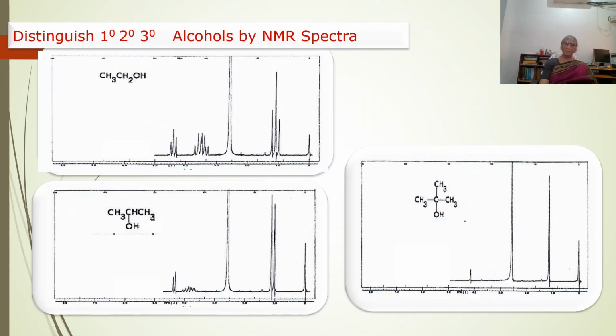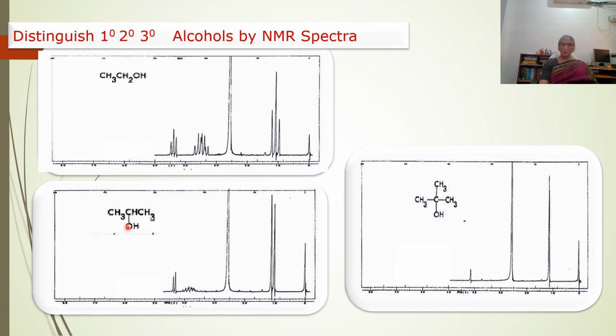We can differentiate between primary alcohol, secondary alcohol, and tertiary alcohol from their NMR spectrum, provided that the NMR spectrum is recorded from a very, very pure sample. In a primary alcohol, the number of neighboring protons will be 2 because the hydroxyl group is present on the primary carbon atom, and the primary carbon atom bears 2 protons.